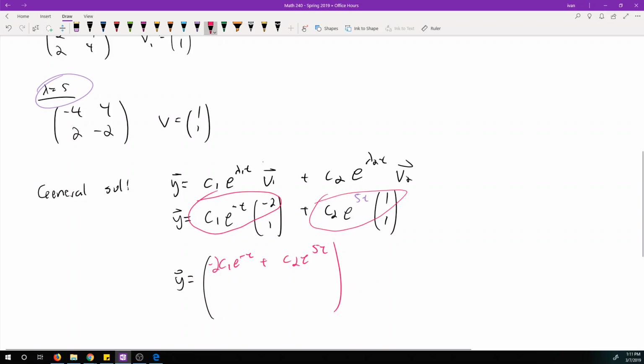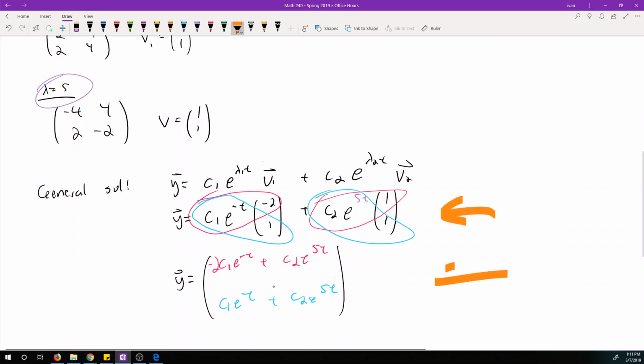All right, and then you also have a bottom term, which is going to be that. So that's just c1 e to the negative t plus c2 e to the 5t. And so either this up here or this down here, it doesn't matter what form you leave it in, they're both considered correct answers.